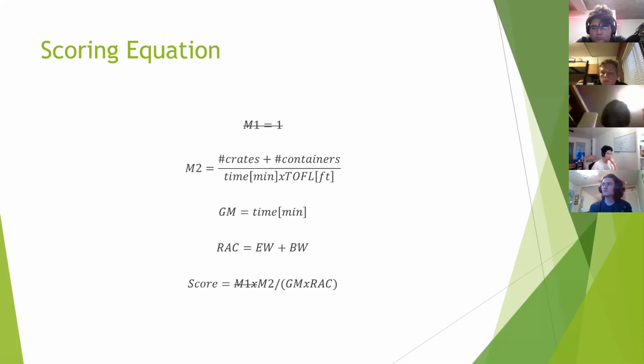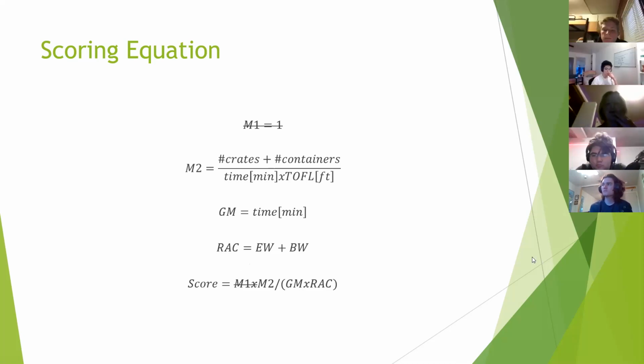Okay, cool. So that's going to be a trade-off for later parts of the design, where you ask how different combinations of crate and container numbers change, for example, your ground mission time or your structural complexity or your empty weight.